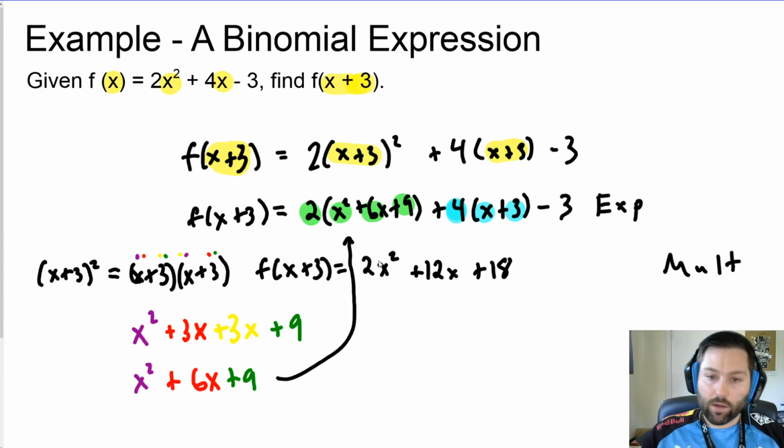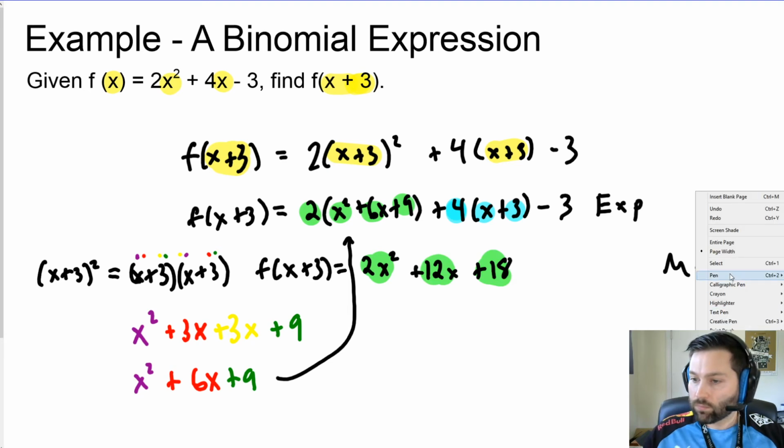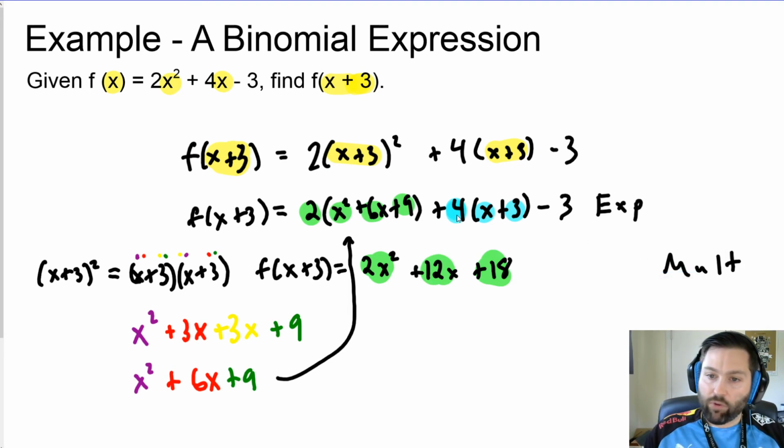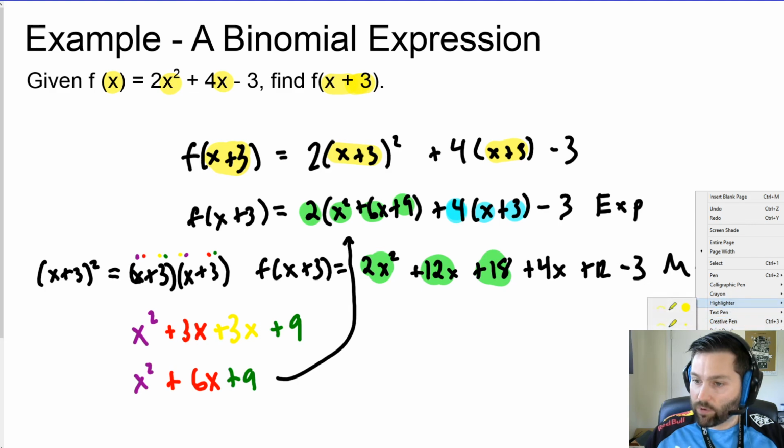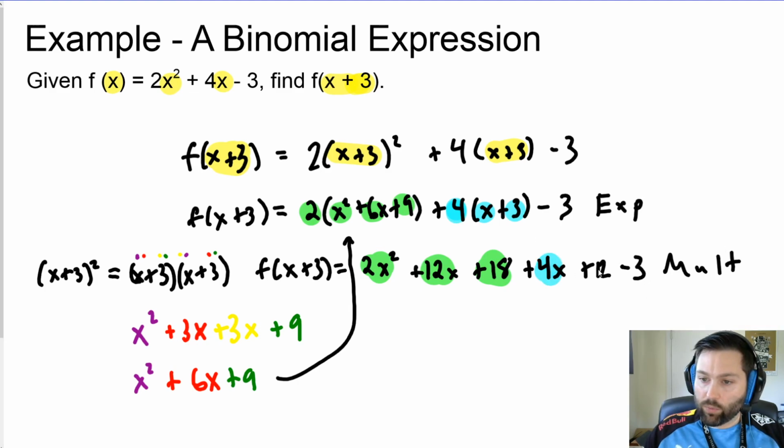That takes care of all of the green ones, so that's where they came from. And then 4 times x is positive 4x, and 4 times 3 is 12. And then the negative 3 drops down. Those come from the blue parts.